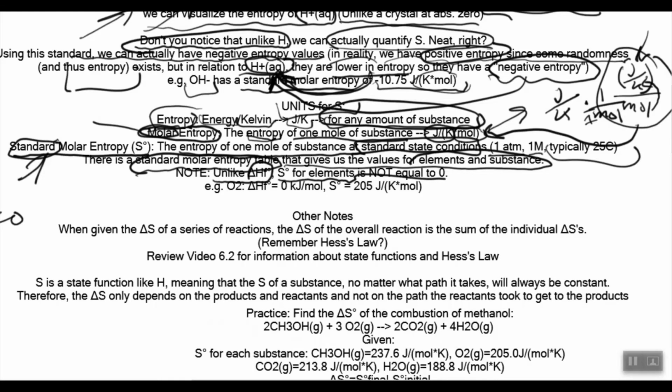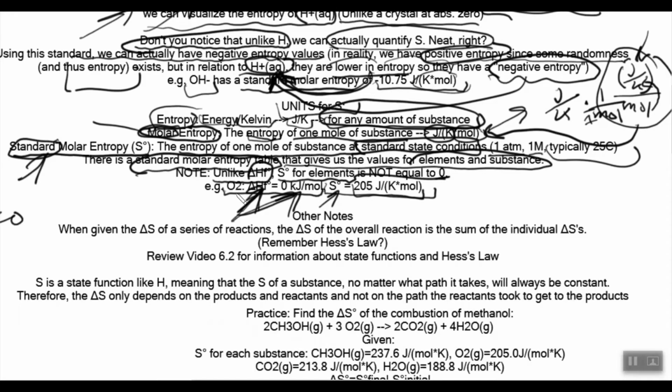So, for example, we know from unit 6 that the change in the heat of formation, or the enthalpy of formation, whatever you want to call it, is 0 kilojoules per mole, because that's the definition of the heat of formation, and it states that all elements in their natural state will have a delta HF of 0. But that's not true for delta S, or just S in this case. For S naught, the entropy of substances is actually not equal to 0.